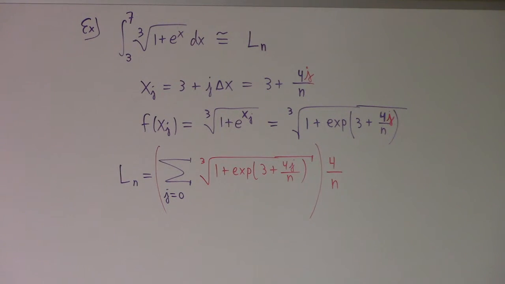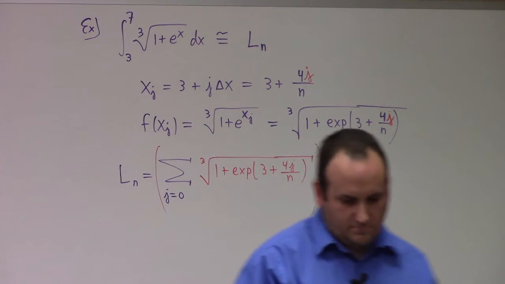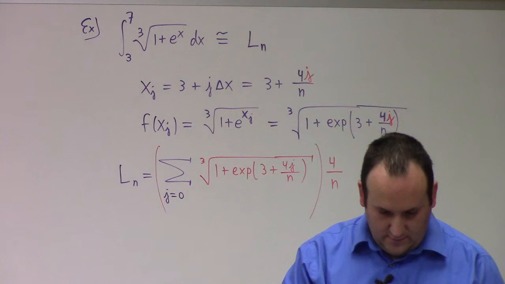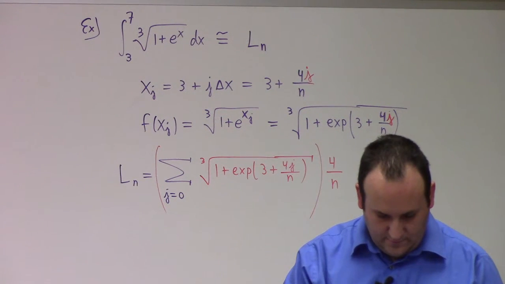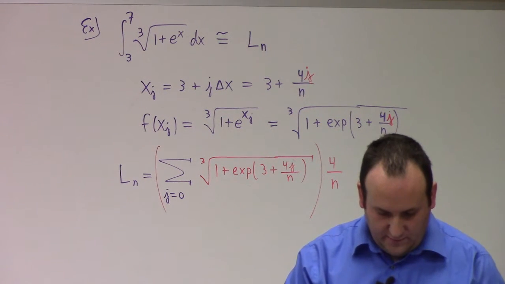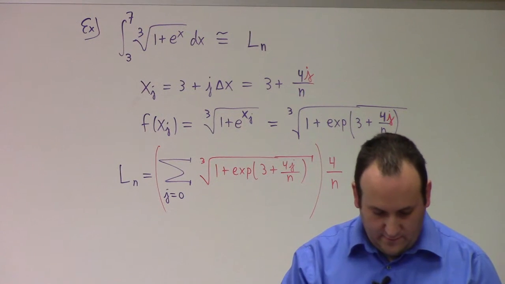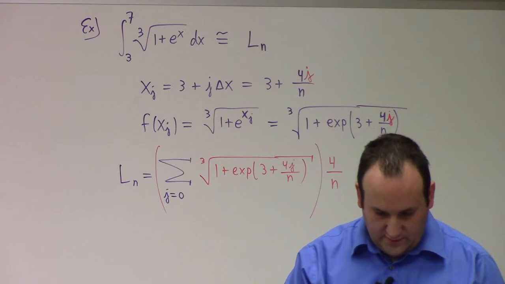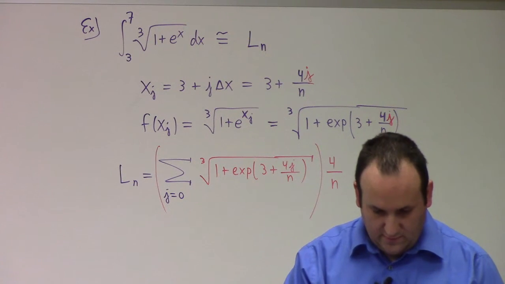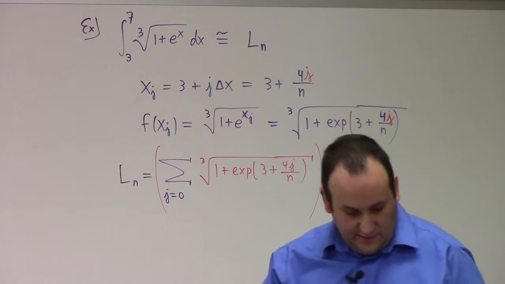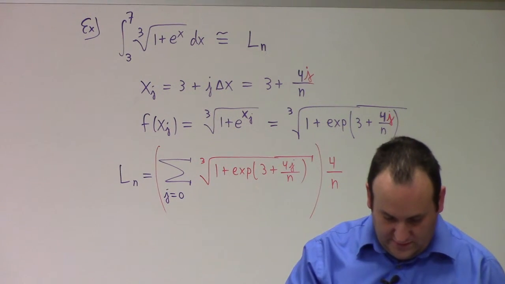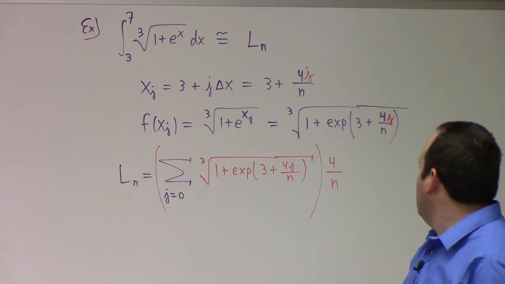All right, let's try out the sum from j equals 0 to 4 of the cube root of 1 plus the exponential of 3 plus 4 times j divided by n.